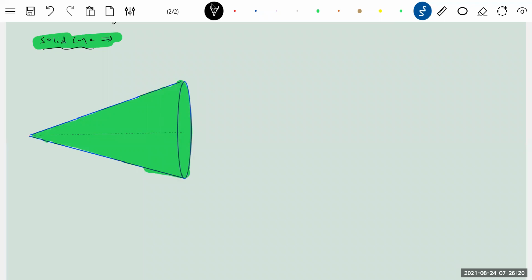Okay, this will be radius r. This will be height h. Let rho be the density. H is the total height. We'll indicate here.